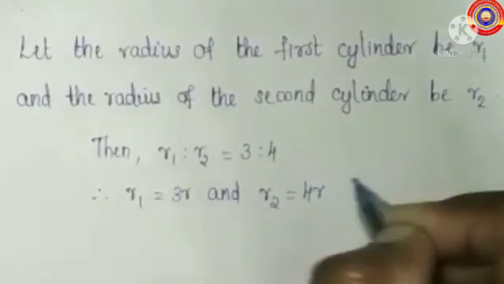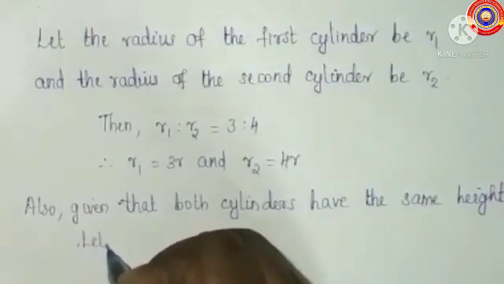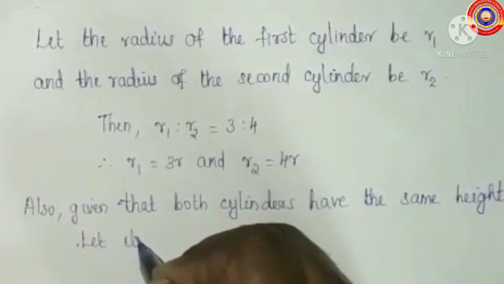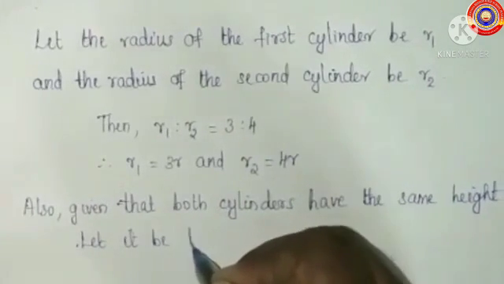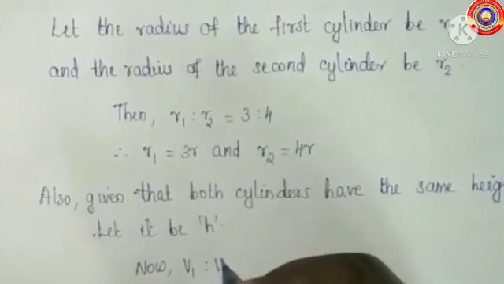You have studied this method in standard 8, right? Also given that both cylinders have the same height. Let it be h. Only one height is there, so we can take it as small letter h. Now we have to find the ratio between their volumes.